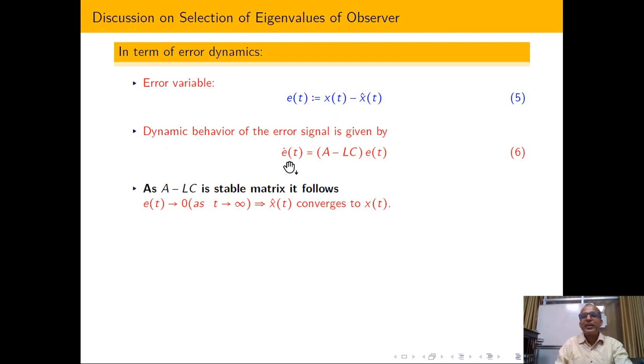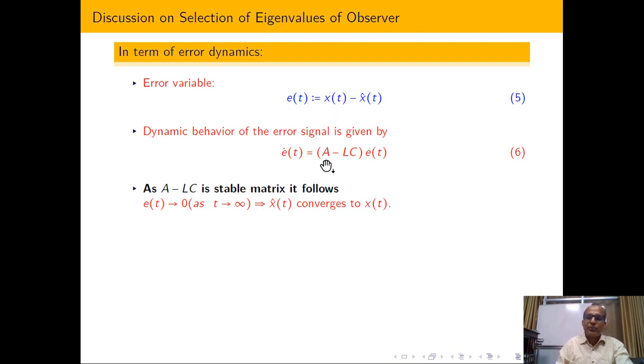So now you can see that this is just a linear autonomous system, and you know that if the eigenvalues of A minus LC are strictly negative, then it is exponentially or asymptotically stable. Using the Lyapunov way also you can check. You can just check a Lyapunov function V(e) equals e transpose(t) P e(t), and after that you can solve the Lyapunov equation.